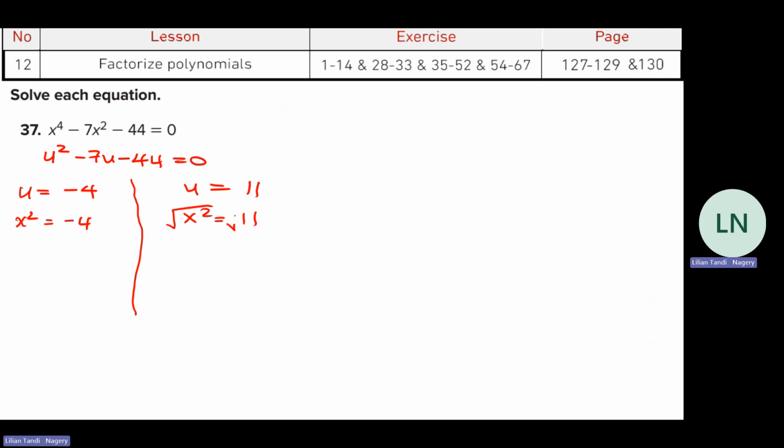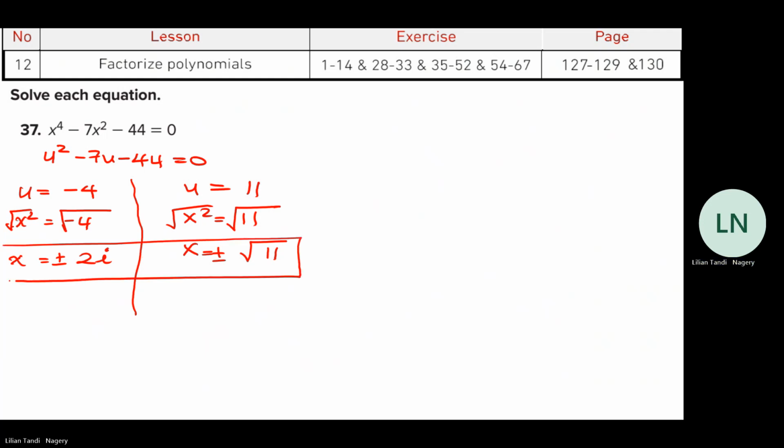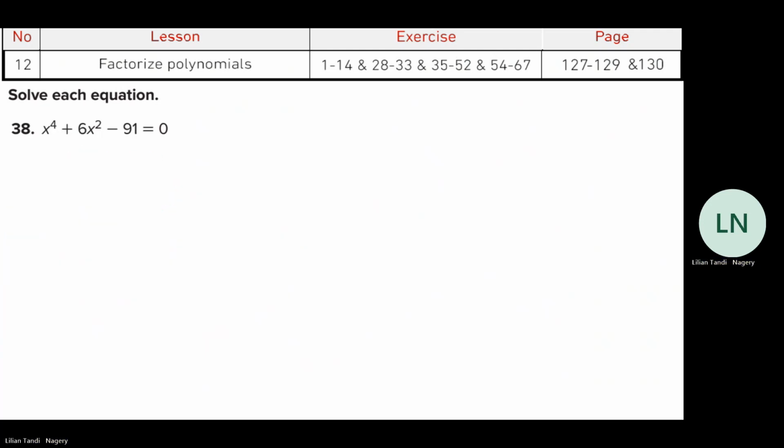Square root both sides of your equation. This gives you x equals plus or minus the square root of 11. And then here x equals plus or minus 2i. Okay? And there are your 4 roots. Remember, your degree is 4, you need 4 roots.